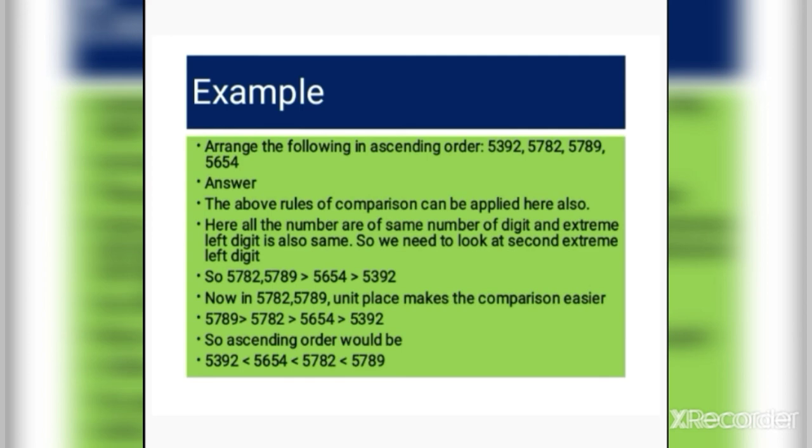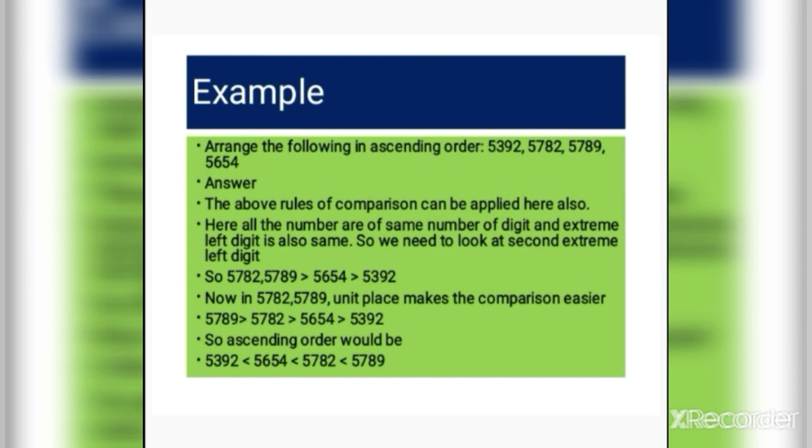But which is the biggest number? For that we will go to the third digit from the left. Third digit is 8 and 8. Here the third digit is also the same. So we will go for the fourth digit, that is the last digit, 2 and 9.